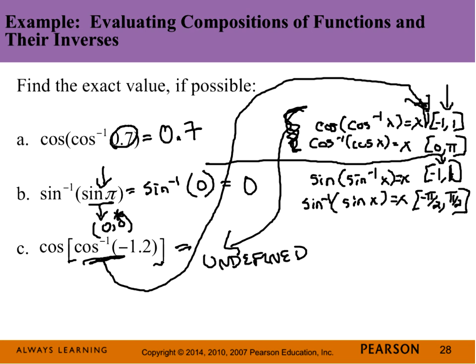So this particular composite is undefined, because I can't even take the inverse cosine of -1.2 to get anywhere, to be able to take the cosine of whatever output comes from the inverse cosine of -1.2. So this entire composite is undefined.